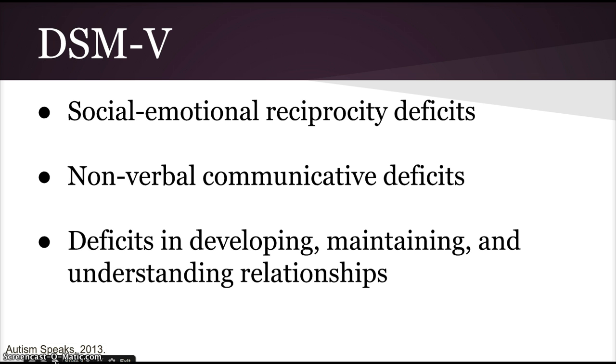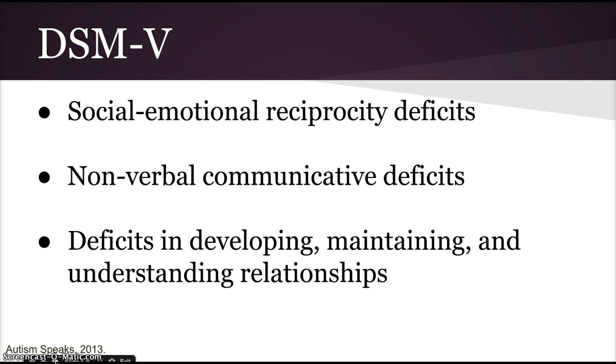According to the Diagnostic Statistics Manual, social emotional reciprocity deficits range, for example, from abnormal social approach and failure of normal back and forth conversation, to reduced sharing of interests, emotions, or affect, to failure to initiate or respond to social interactions.